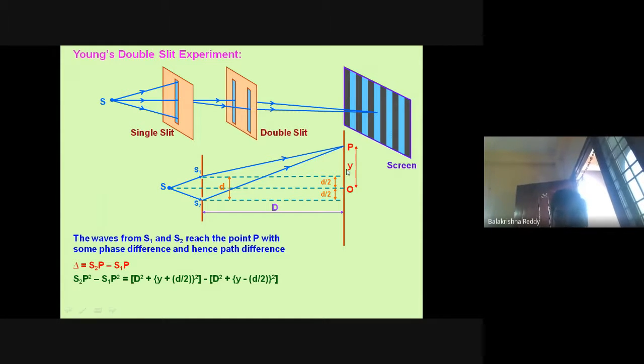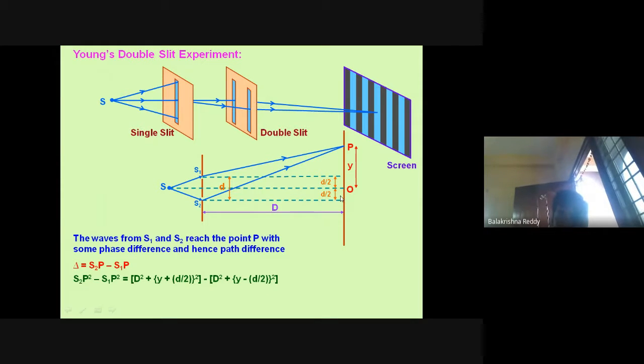According to the Pythagoras theorem, S1P square I am taking, and at the same time S2P, from O plus d by 2. Up to here y plus d by 2 I am taking.